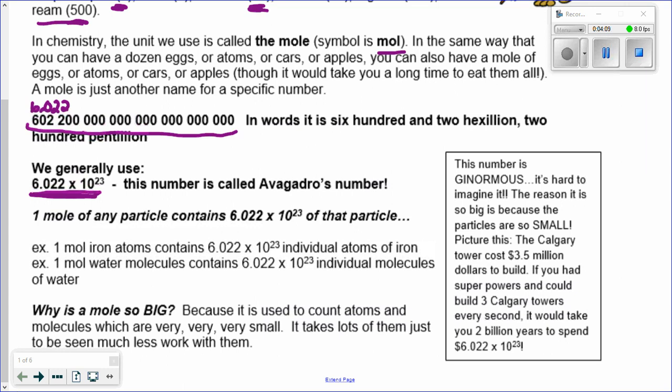So 1 mole of iron atoms contains 6.022 times 10 to the power of 23 individual atoms of iron. 1 mole of water molecules contains 6.022 times 10 to the power of 23 individual molecules of water.